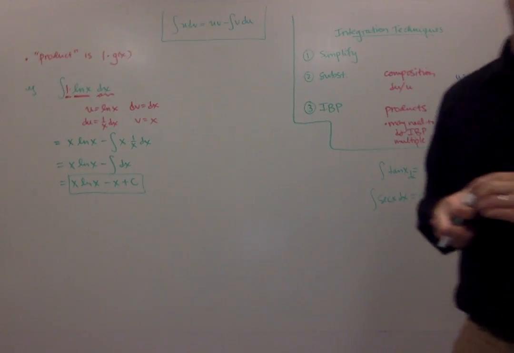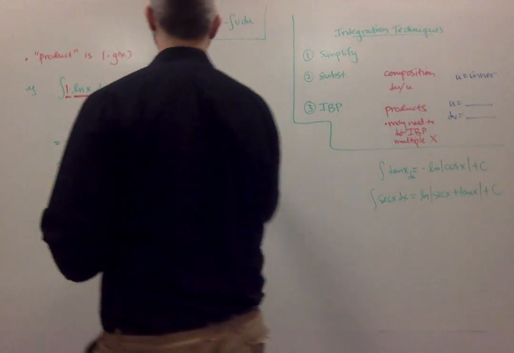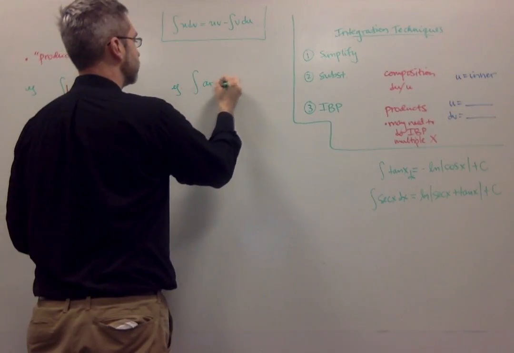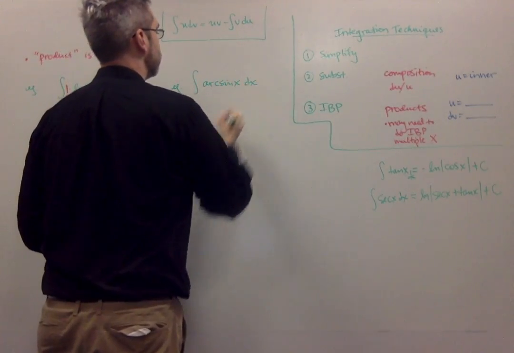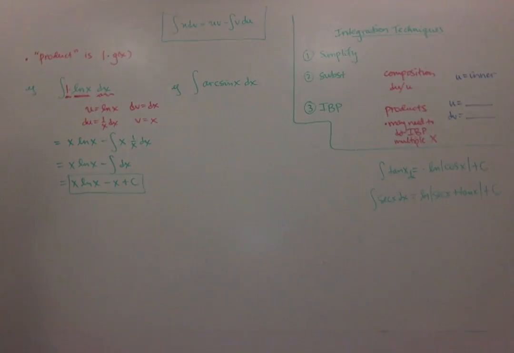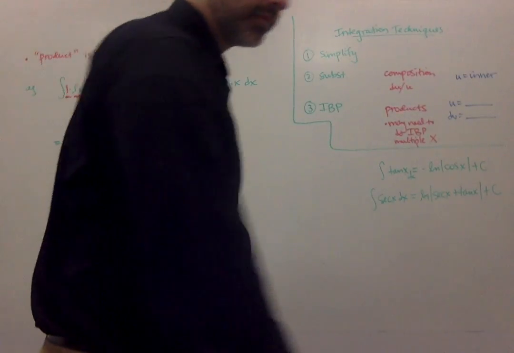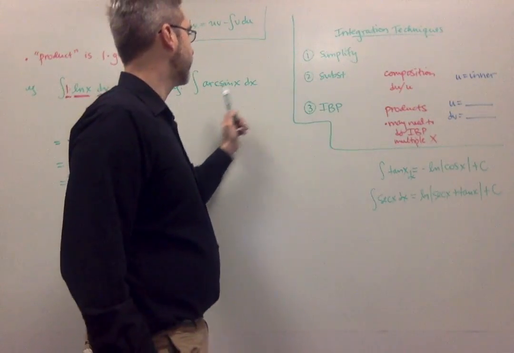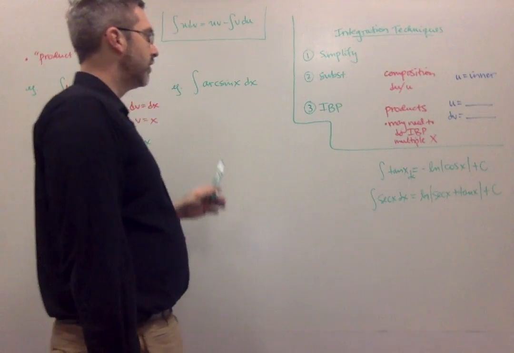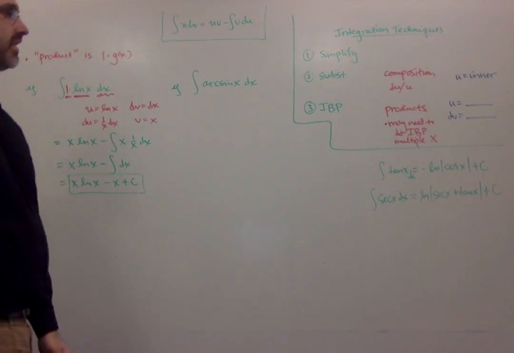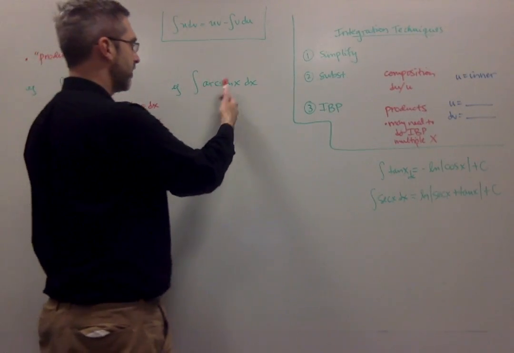Let's try another example here. Let's do the integral of arcsine. Again, I don't see a product there, but there really isn't a way to simplify that. And there's no immediate substitution. I don't see a composition, and I definitely don't see the derivative of arcsine in there anywhere.